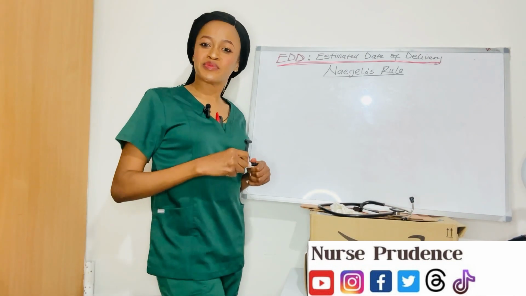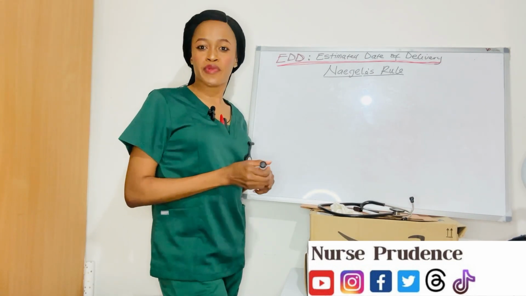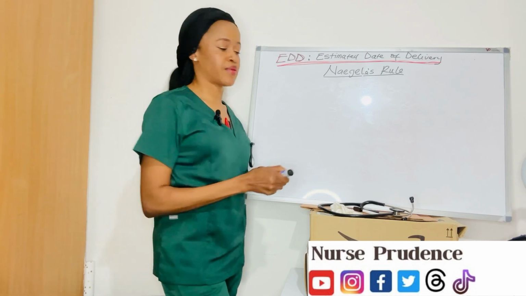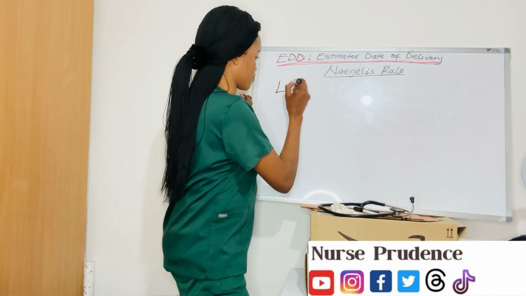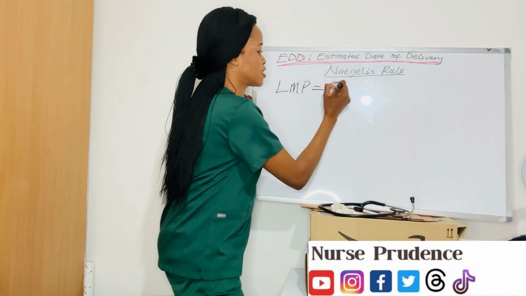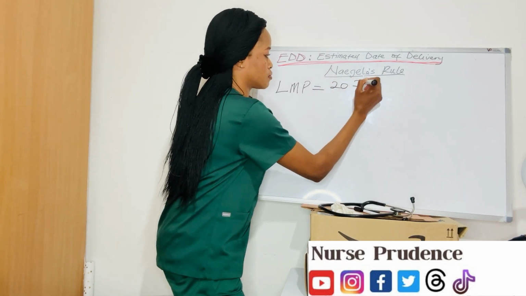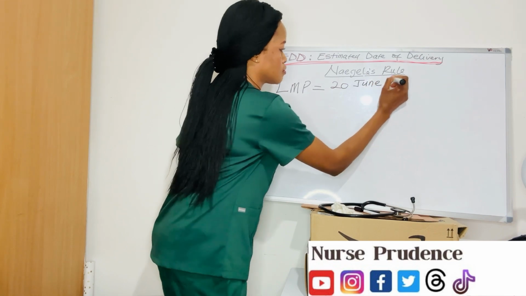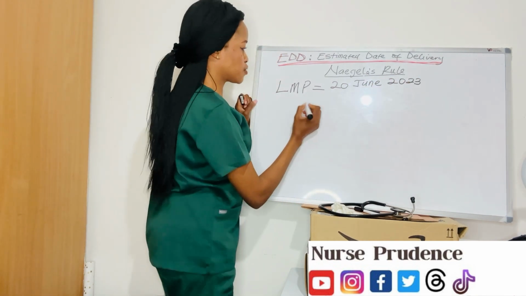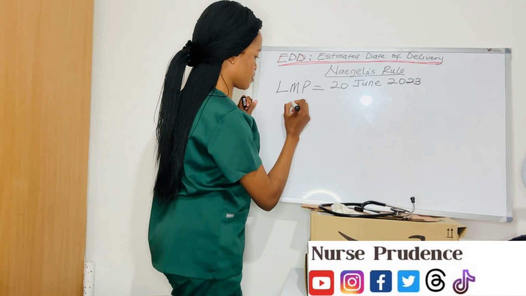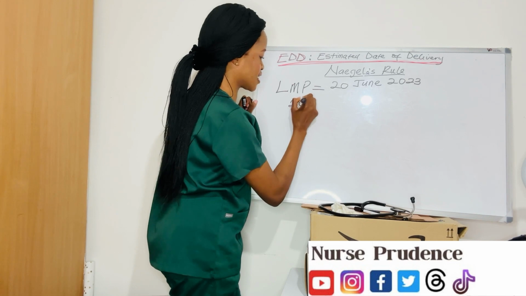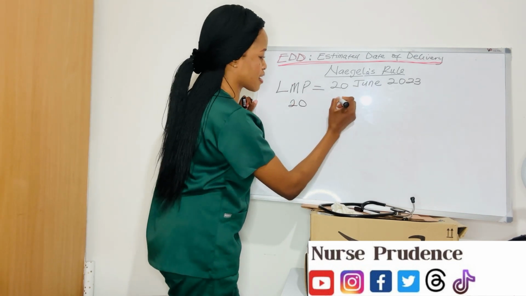So now let's assume that the last menstrual period for the woman was on 20th of June 2023. Last menstrual period, that is LMP, 20th of June 2023. Now, you have to write it down like someone who is trying to solve mathematics. That is 20th, and June is 6, right?